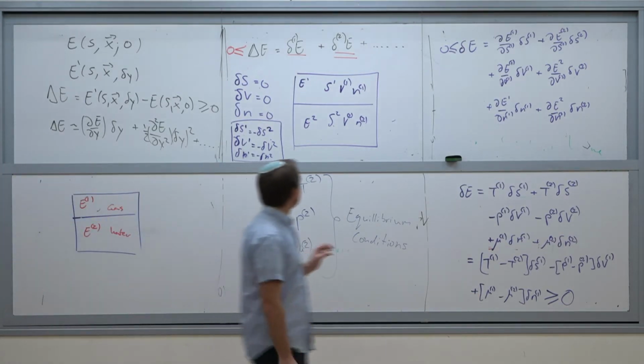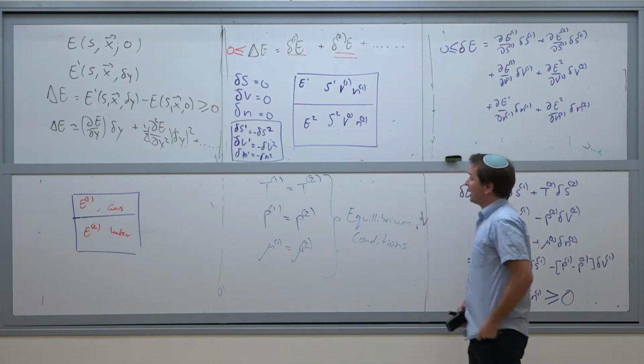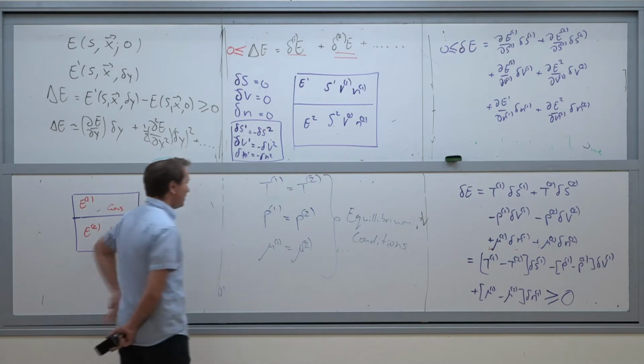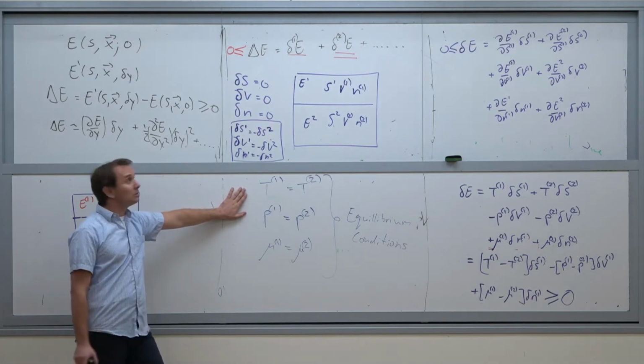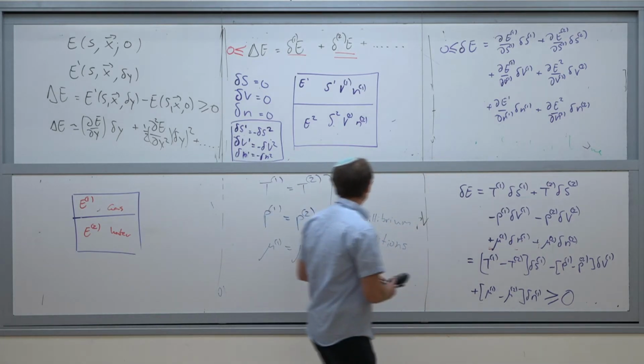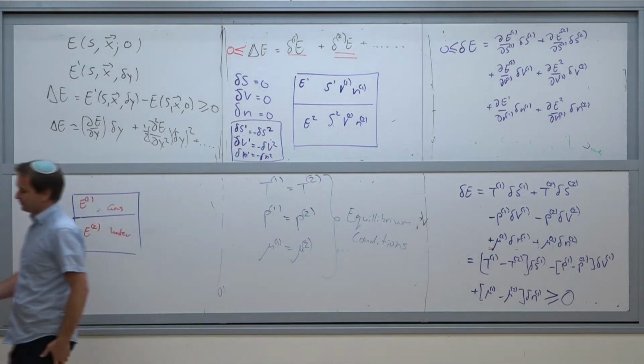We're returning to our expansion, and just to remind you what we managed to achieve so far. By observing the first variation of the energy, we managed to obtain the conditions for equilibrium.